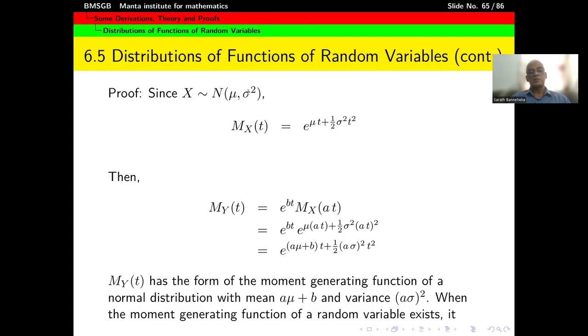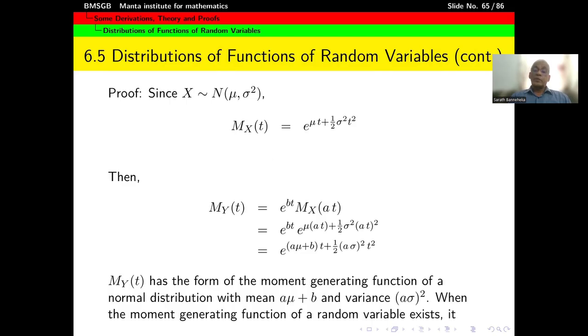The same should happen here. The mean of Y should appear as the coefficient of t, so you can see this is the mean of Y. The coefficient of half t square should be the variance. So for Y, the variance is equal to a sigma, the whole thing squared.